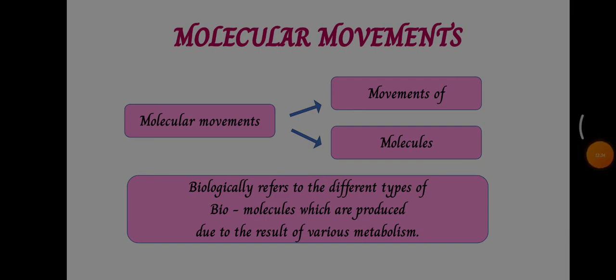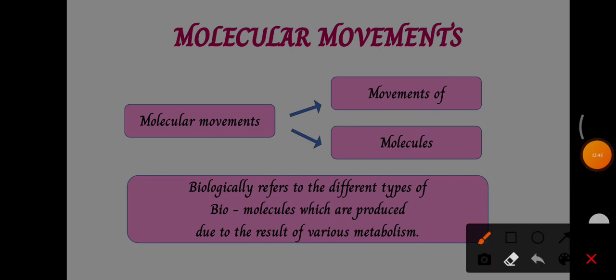Similarly, at the end of different functions done by the cells, waste products will be produced. So if a cell takes up oxygen, it will produce the waste molecule carbon dioxide.